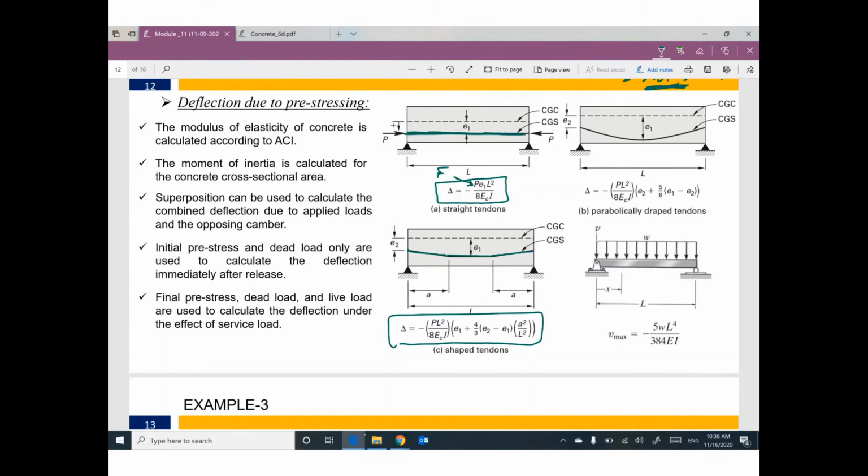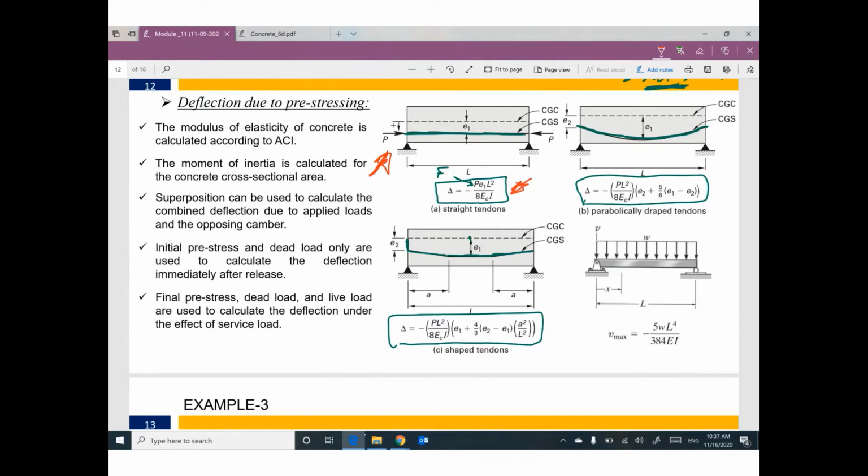Because the profile is different, we have two eccentricities, one at the midspan and one at the end, E1, E2. If the profile of the tendon looks like a parabola, we have a different expression. But in our course, 99% of the problems will be straight tendon, so this expression will be used mostly.